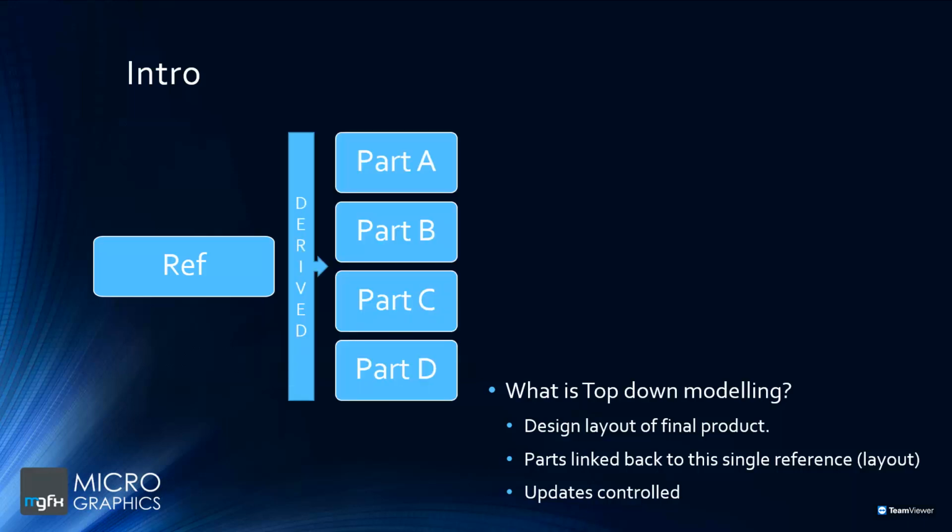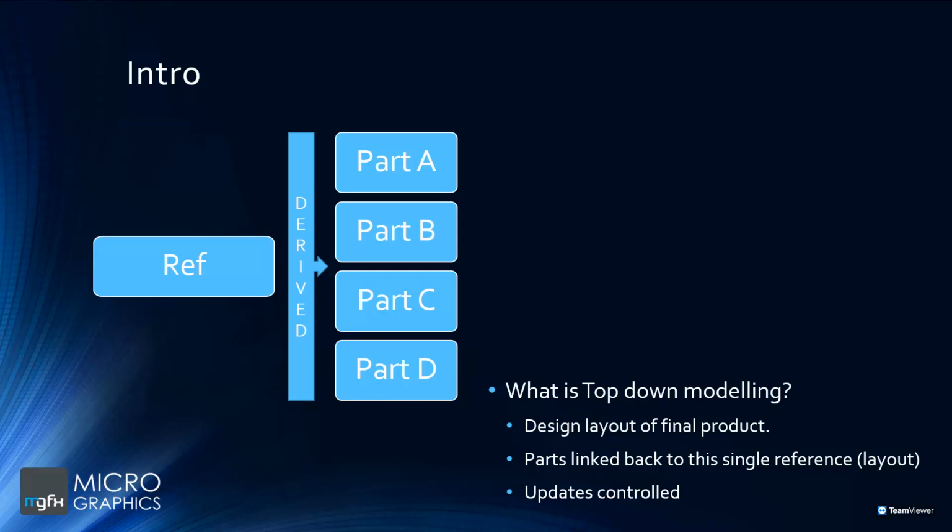Then from there, parts are created from this reference, typically using the derive option to bring in the required information into each of those parts. So we can see there we have part A, B, C, D, and the reference part is derived to create each of those components. Now this layout information is brought through into the derives.